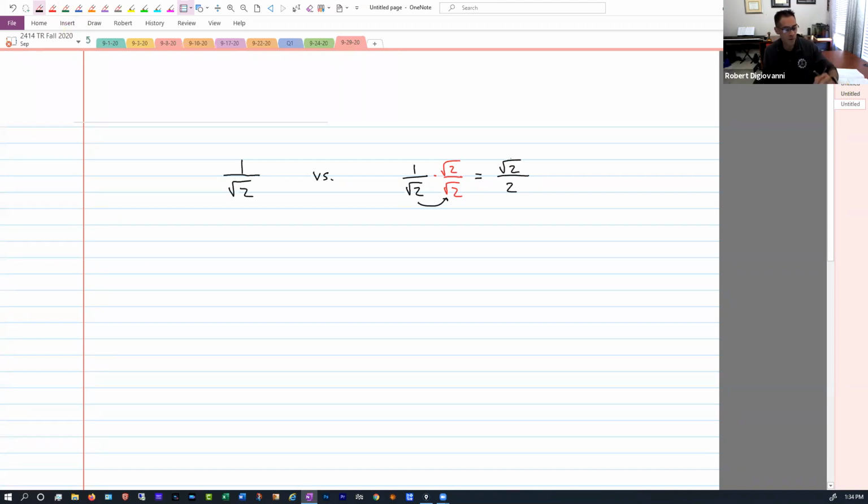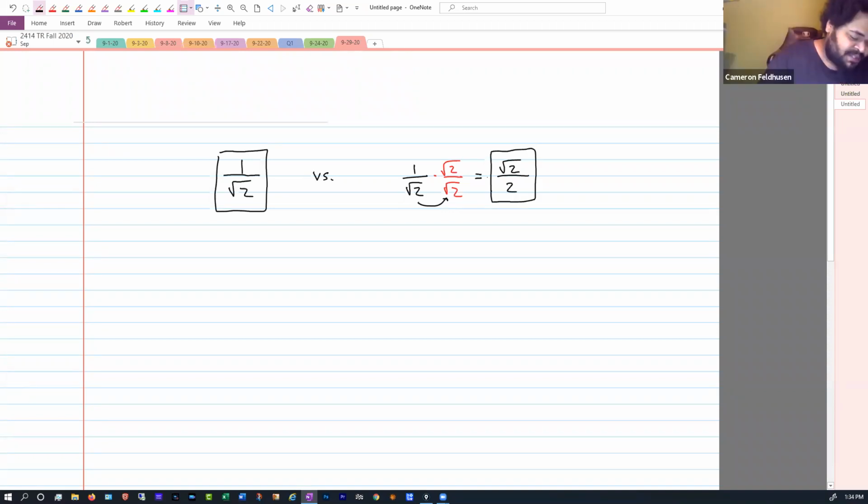If we type 1 divided by square root of 2 into a calculator, you should get, someone do that. I think it's 0.70. 0.7010678812. So both of these give you the same answer, right? Whichever one you type in, they're the same answer.